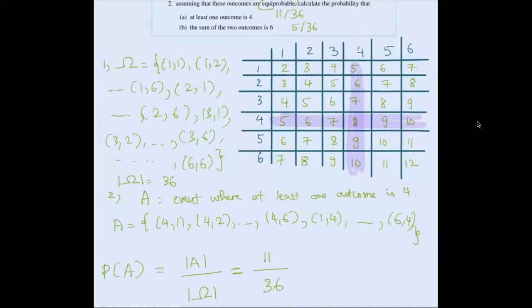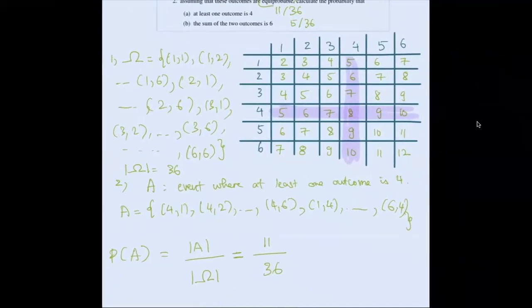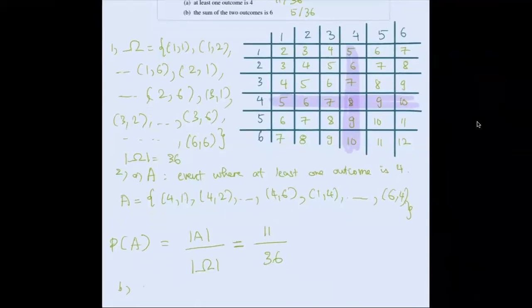And that was correct. Any question about this part? So this is part A. Please stop me if you have any question. Next, I define event B, which is an event where the sum of the two outcomes equals 6.